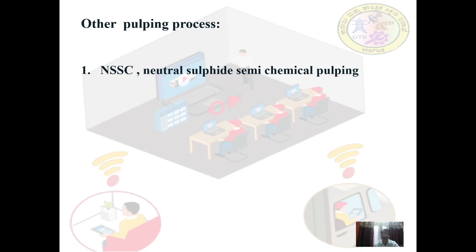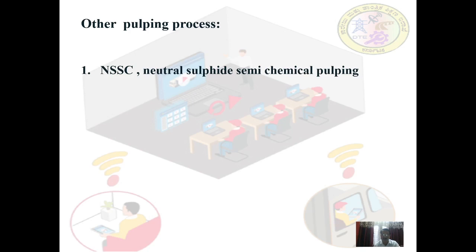This yields a pulp from the given wood which is much higher in concentration, that is 65 to 80%. Such pulp is used in the manufacture of liner boards and corrugated papers. The quality and bleachability are very poor.